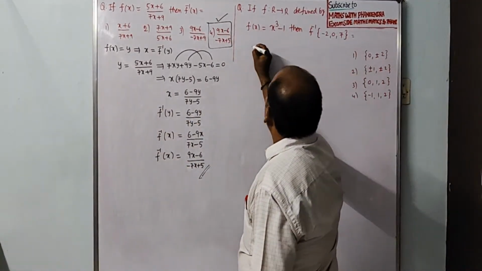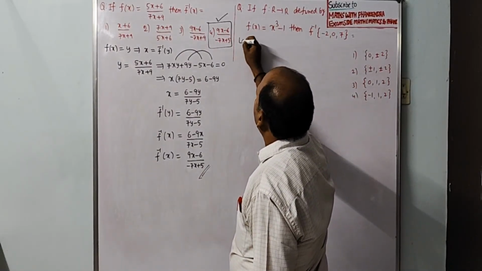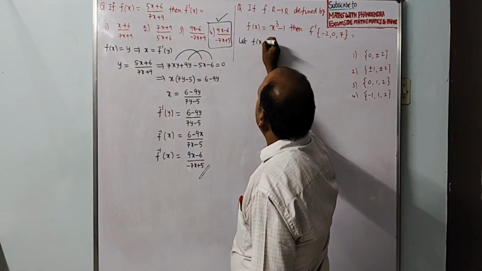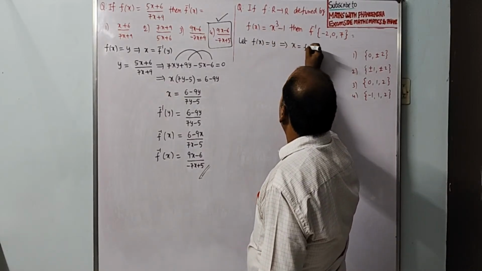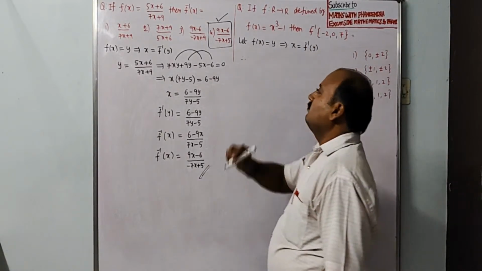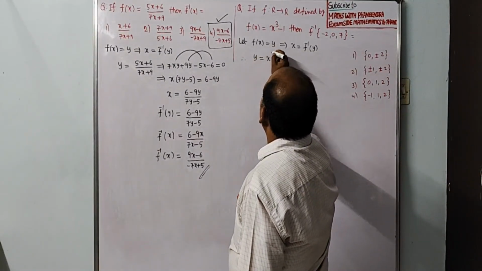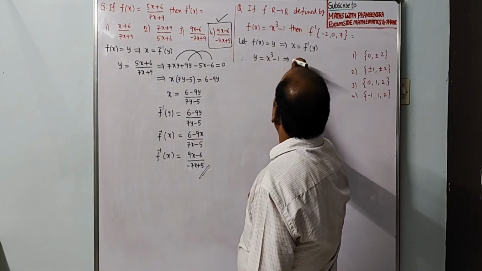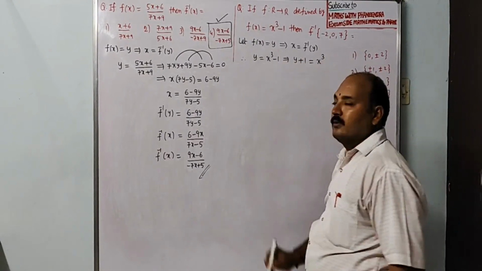Come to here. f inverse of these values means, let us assume that f of x equal to y. That implies that x is equal to f inverse of y. Therefore, y equal to x cube minus 1. That implies that y plus 1 is equal to x power 3.